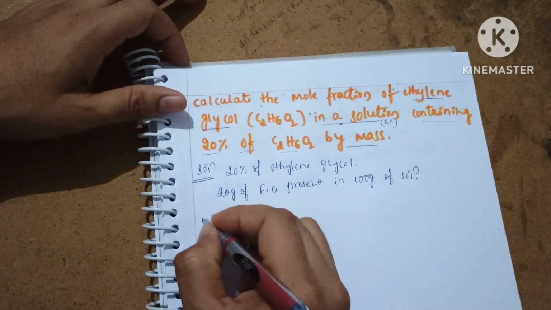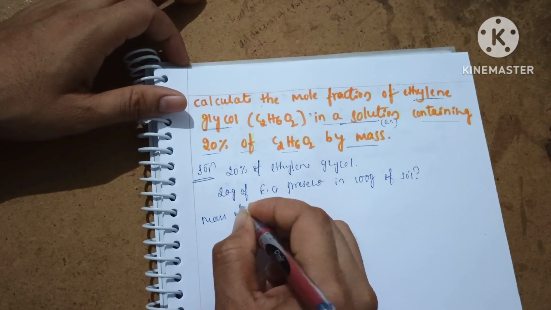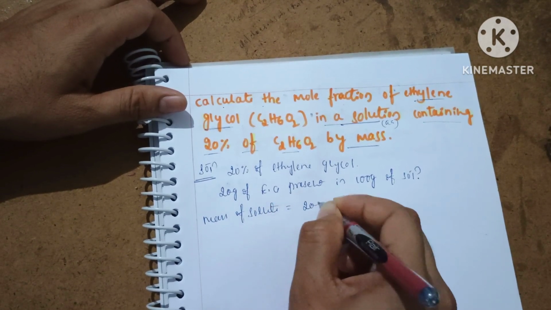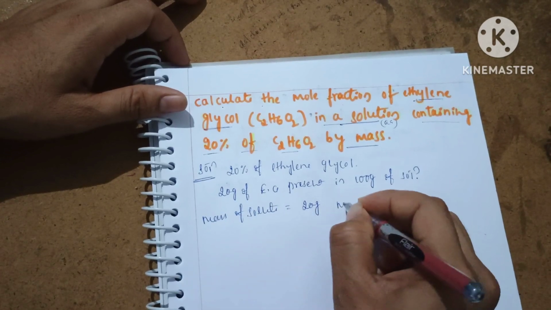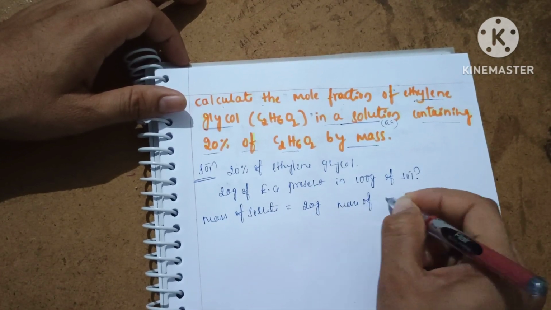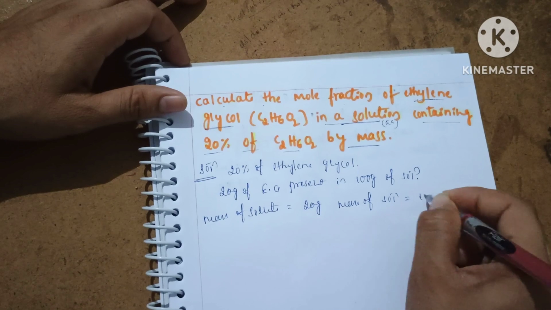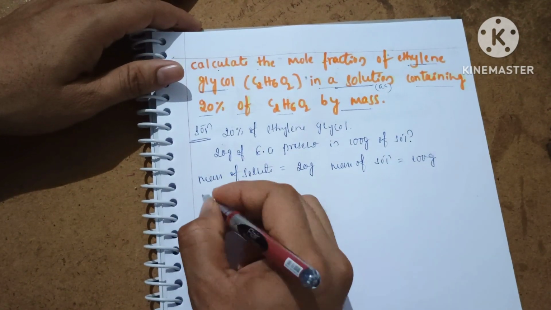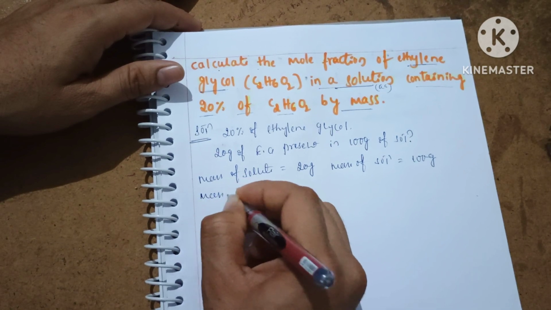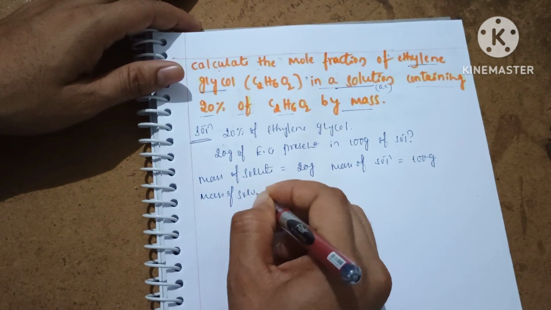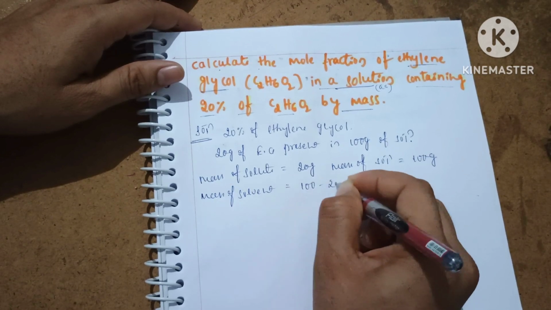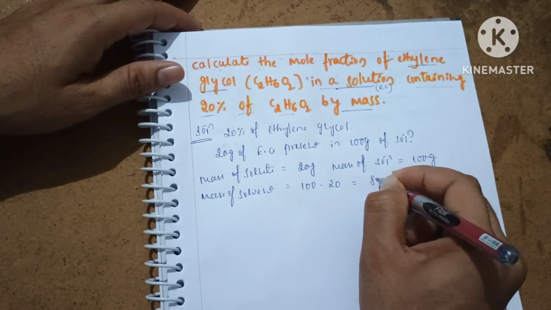That means mass of solute is 20 gram and mass of solution is 100 gram. That means mass of solvent is solution minus solute, which is equal to 80 gram.